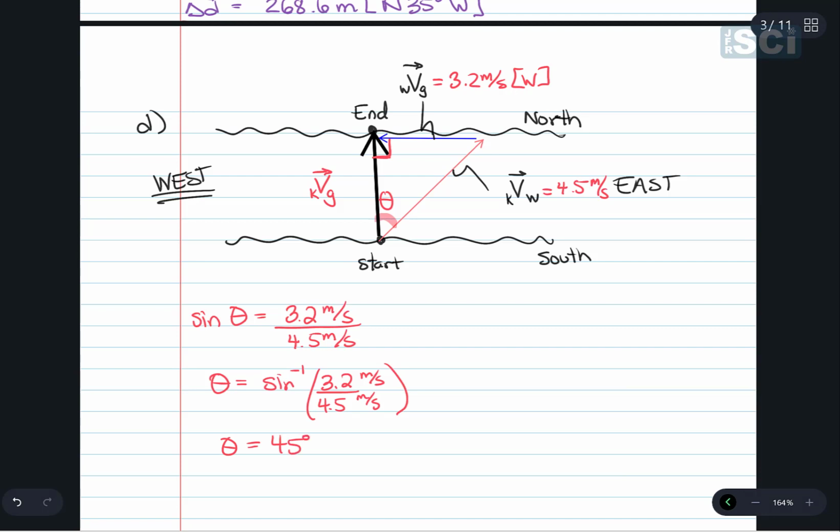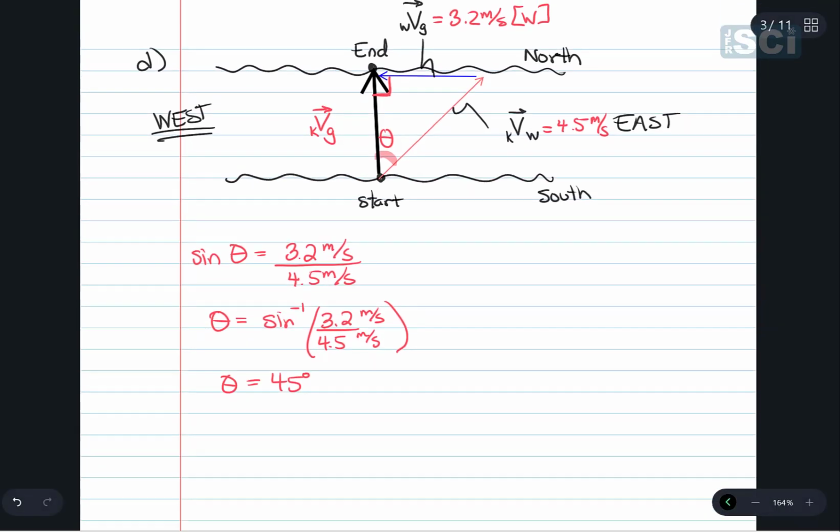degrees. That means I have to point my boat what way? Well, I started it in the north direction. I started pointing north, and it rotated towards the east. So I'm going to say that the direction is going to be north 45 degrees east.